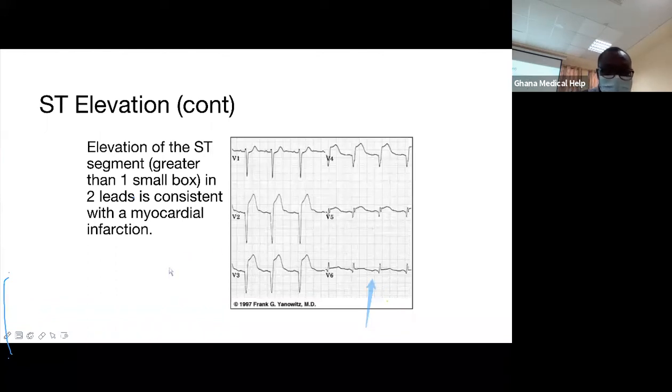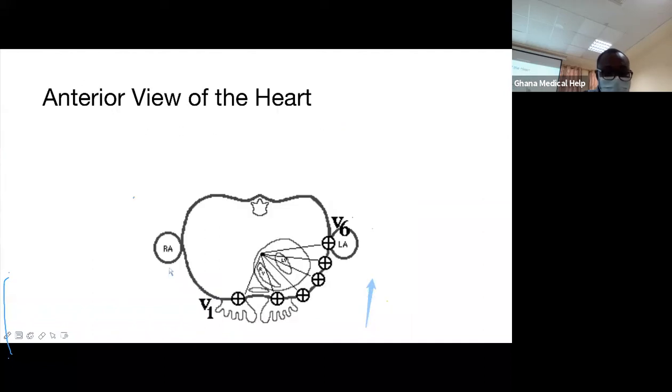It's good that they are in two contiguous leads, because the leads look at different aspects of the heart. You can see that circle there, that's obviously an ST segment elevation. Another one there. These are contiguous leads looking at the anterior aspect of the heart, so we say this is consistent with an ST elevation myocardial infarction.